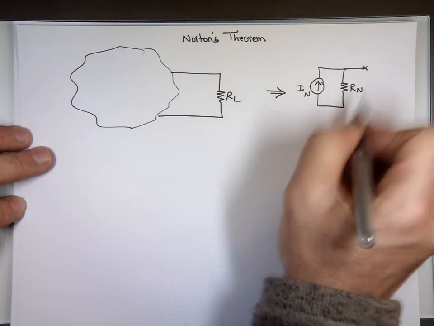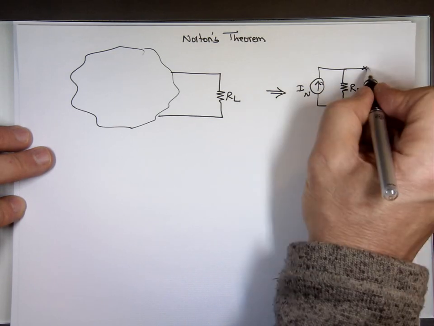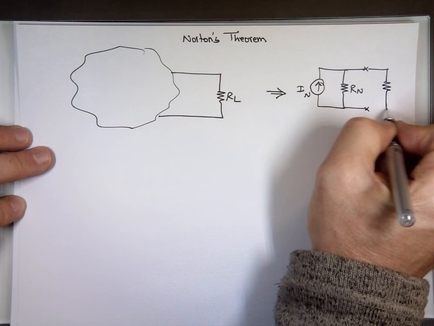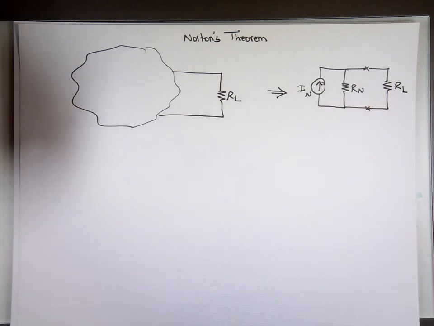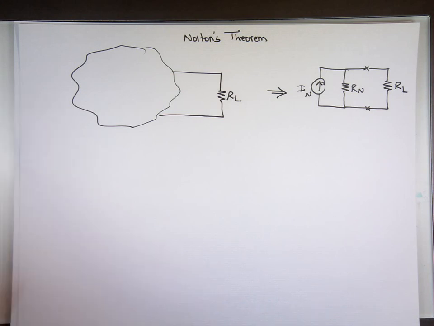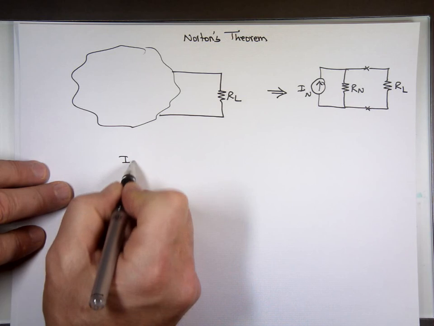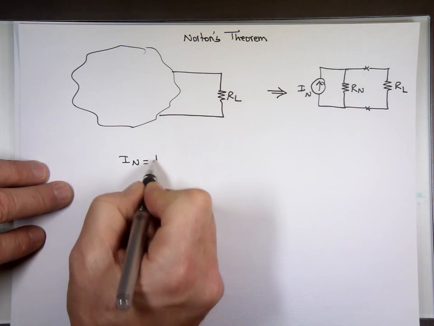And that's your R sub L. And the question is, how do you find I Norton? How do you find R Norton? I Norton is the I short circuit.